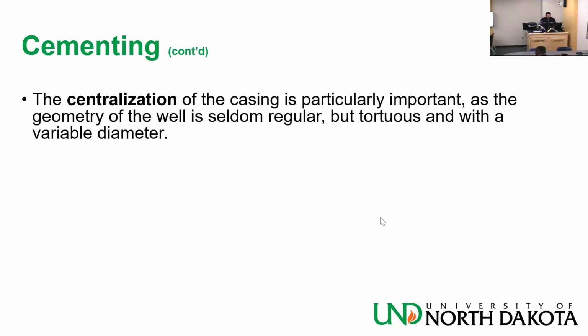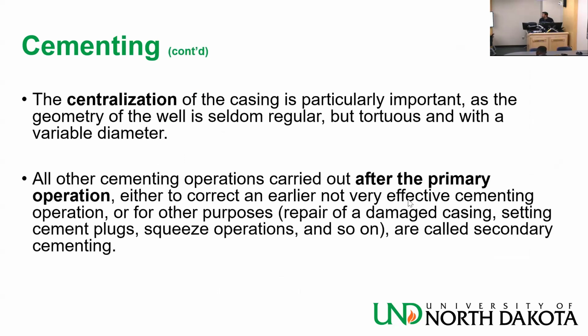So the centralization of the casing is important, because you want to keep it in place. If you have the casing touching the side of the well, then cement is going to be hard to pass through that point. So you really want to keep the casing centered as much as you can. And this is not easy, as you can understand.